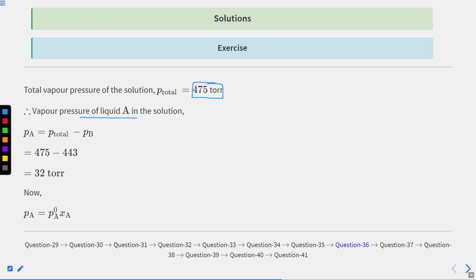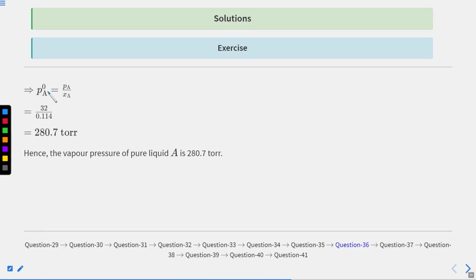So the vapor pressure of liquid A in the solution would be P total minus PB, that is 32 torr. Further, when we have calculated PA, we will calculate our P naught A, that would be PA by XA. So the vapor pressure of pure liquid A is 280.7.